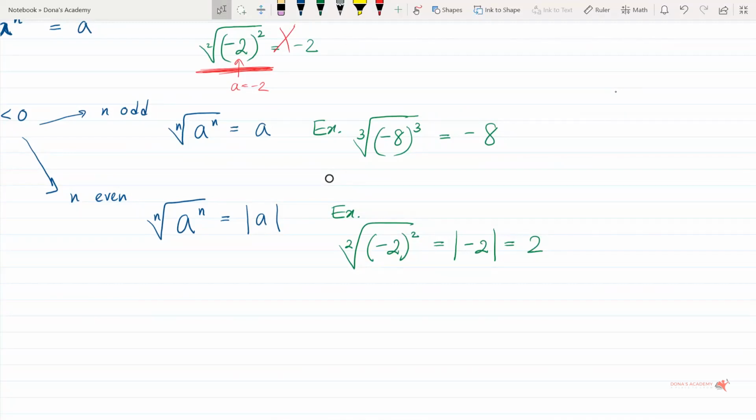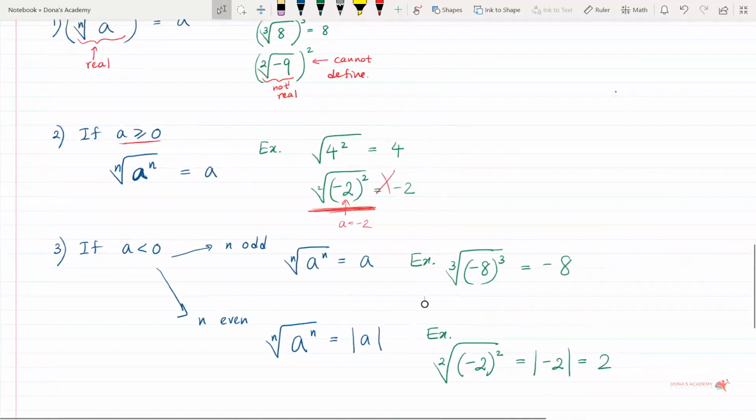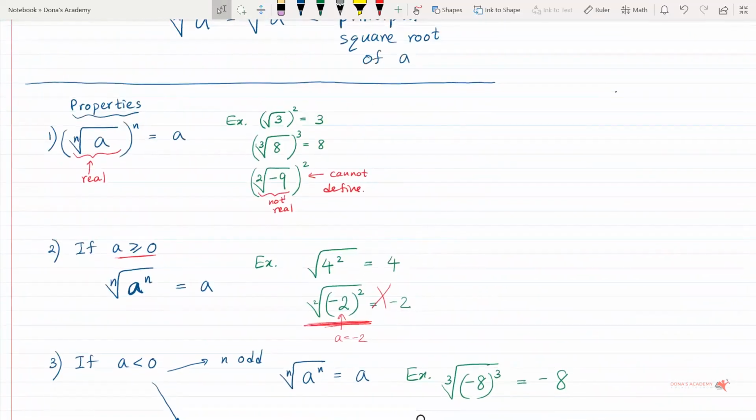All right. So these are the three properties we just talked about. Now let's recap those. If you are taking a real radical, nth root of a number, it should be real, right? If a is negative, it's not real. As long as the radical is real, if you take the nth power of that, then it's going to be a.